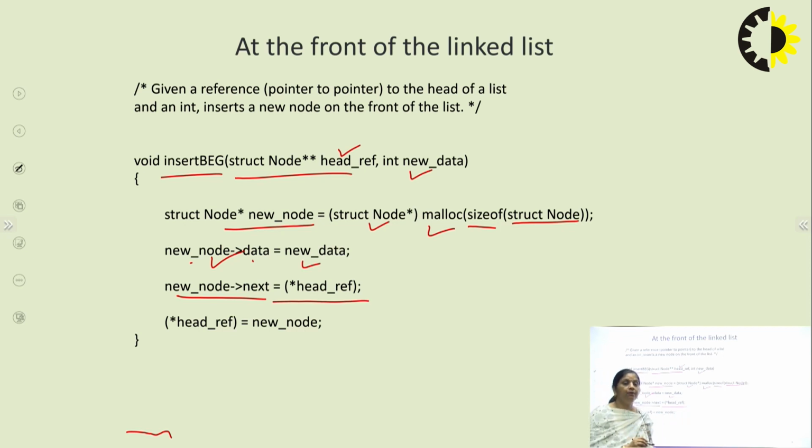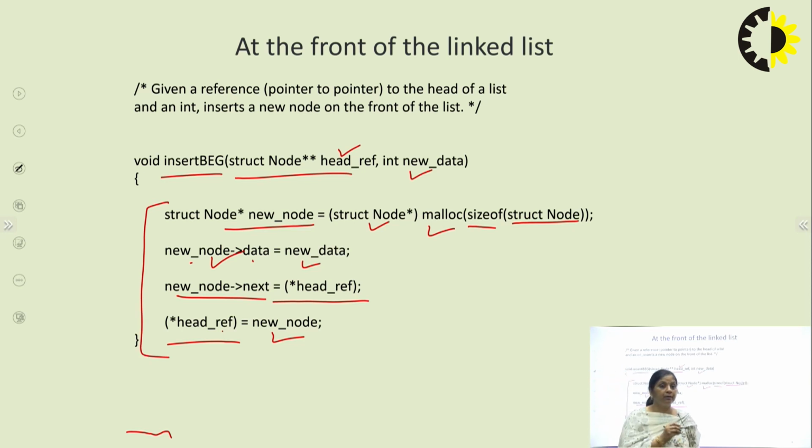We have created a node and it is containing data as well as a pointer to the previous head node. Now we have made the old head node second, so our head reference will be changed. Now the new node will become the head node. So we have inserted a node at the start of the existing linked list. The first node has been changed. This is insertion at the front.